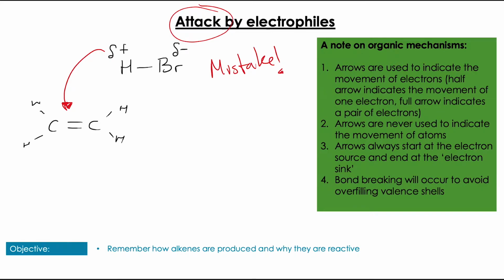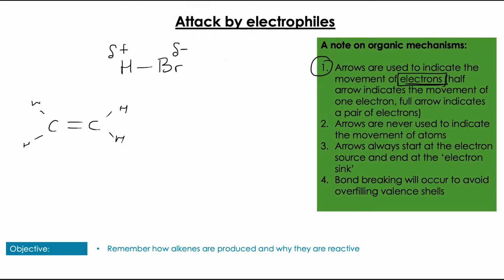Although it says an attack by electrophile, it's a common mistake to draw the arrow from the positive to the electrons. We're always demonstrating the movement of electrons to positive or electron sinks, so we're going from the double bond to the positive charge. And it's this process that allows for addition reactions to occur.